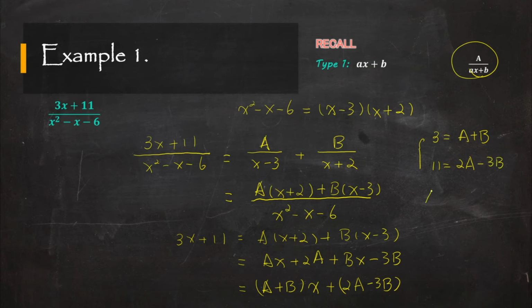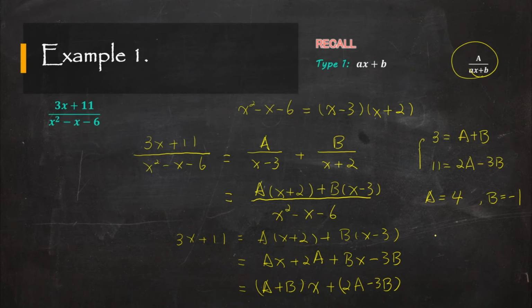Then it's just going to be very simple algebra. So I can get my answer, which is a equals 4 and b equals -1. Okay, so once we find the value of those variables, then we can make the final answer.